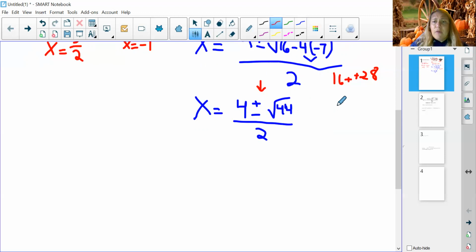But I could come over here and recognize that radical 44 is radical 4 times 11, right? So then that would simplify to 2 radical 11, and that would allow me to simplify this. All right, so 4 plus or minus 2 radical 11 divided by 2.